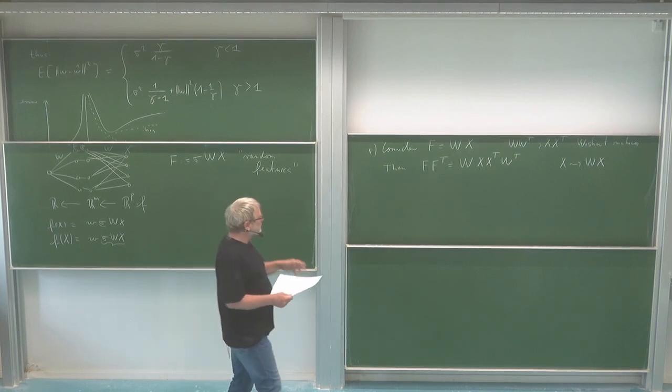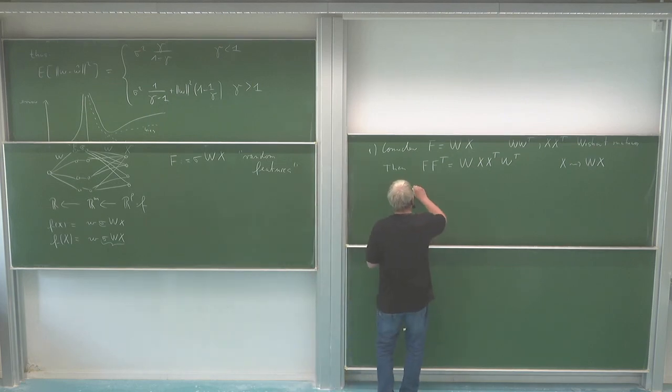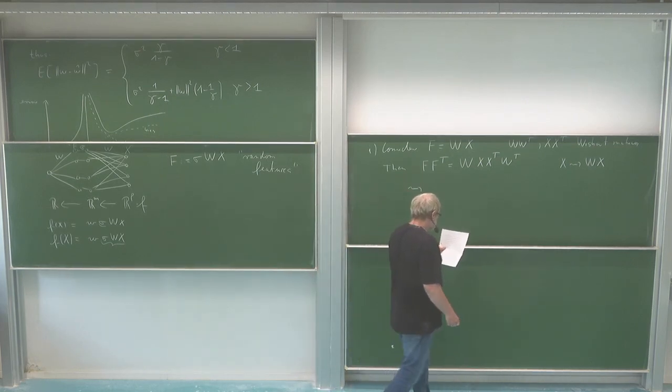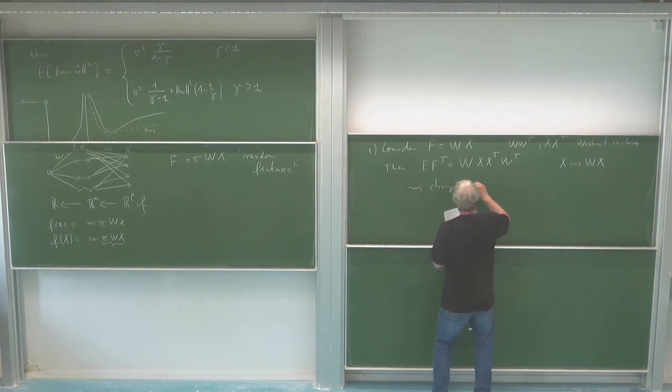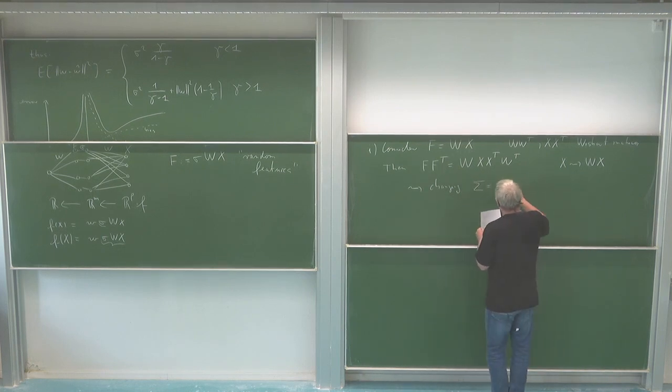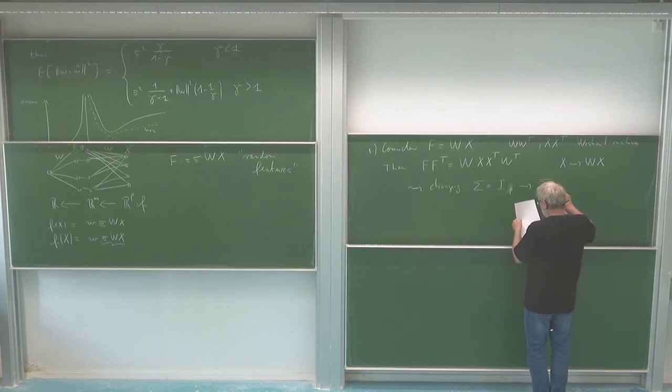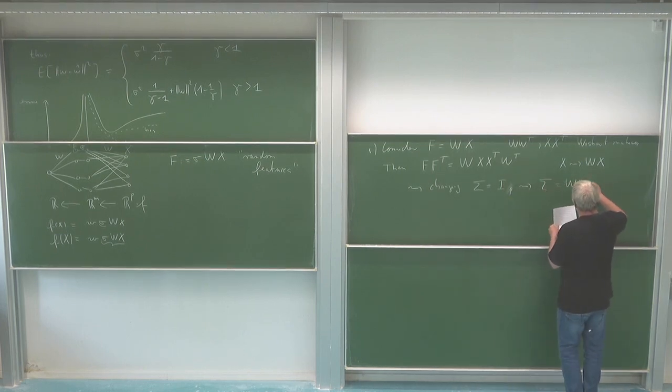So this is in principle something which, okay, changing the covariance, let's say, from the identity to, let's say, W transpose.